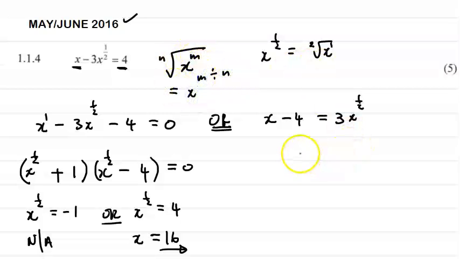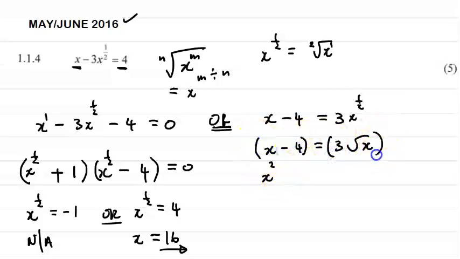Okay, now that we know that x minus 4 is equal to 3 root x, we can square both sides now because it becomes an equation with surds. So you'll get x squared, double the product there, so that will be x times minus 4. I'm squaring both sides here.